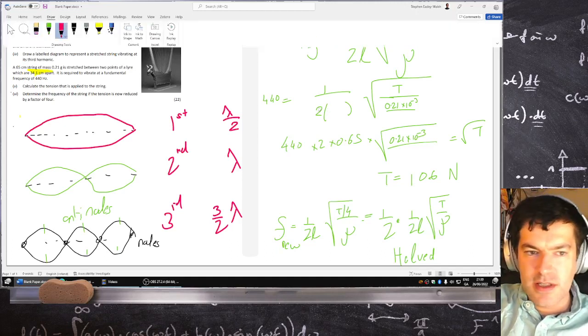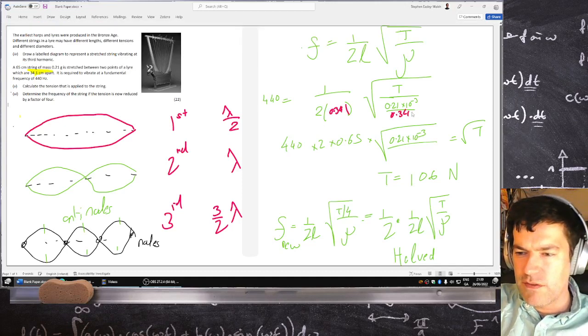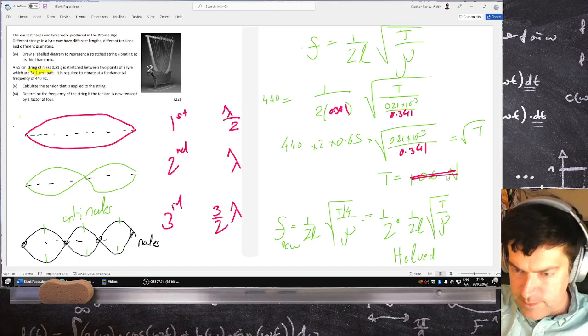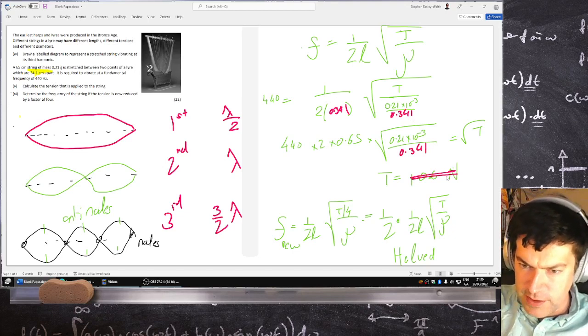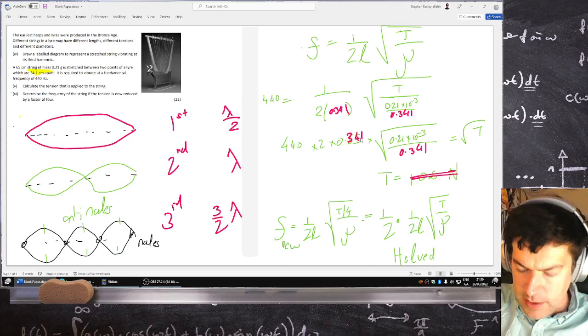Those numbers to 0.341. 440 times 2, that should be 0.341 as well, times 0.341.